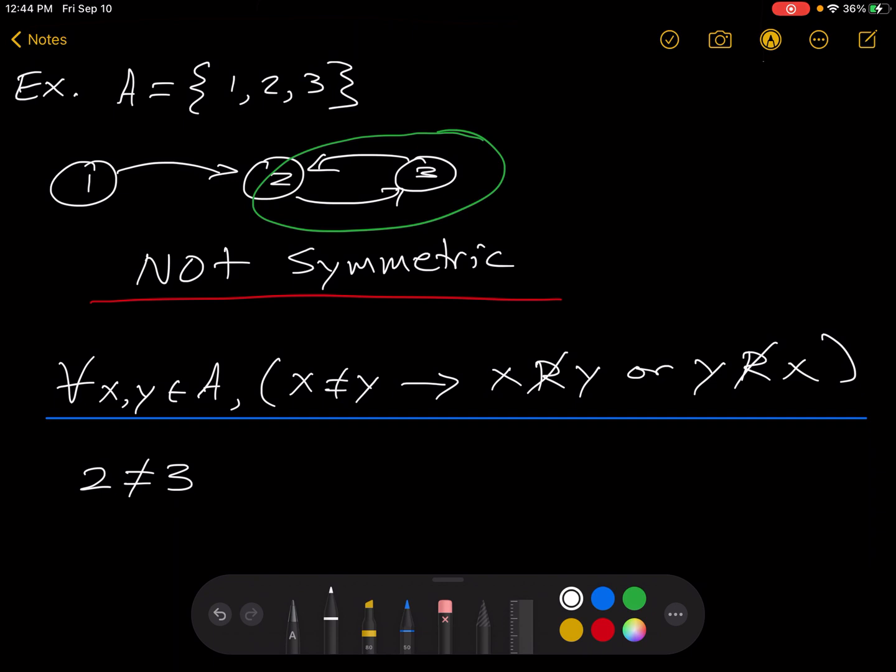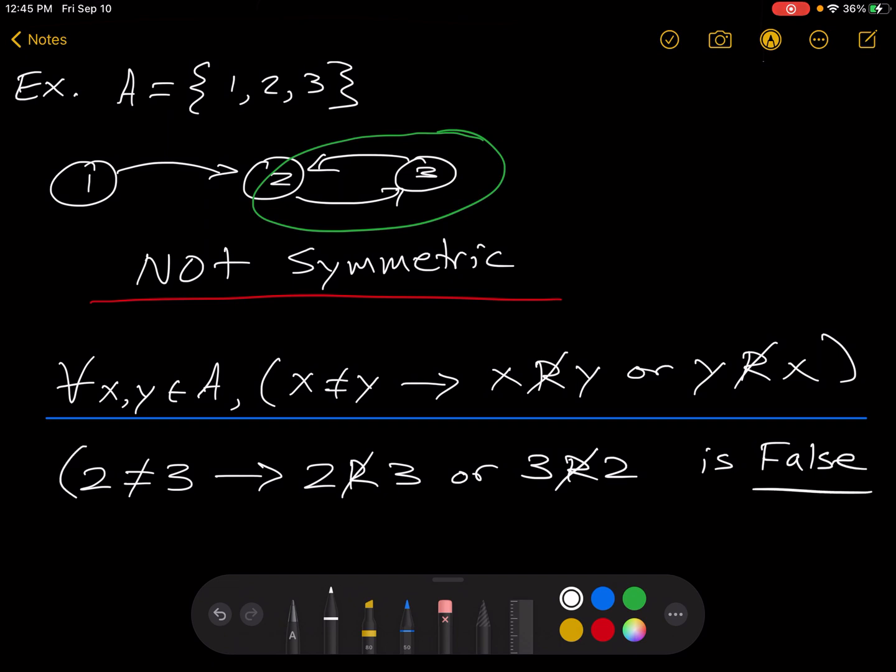Two does not equal 3. So this statement is false.